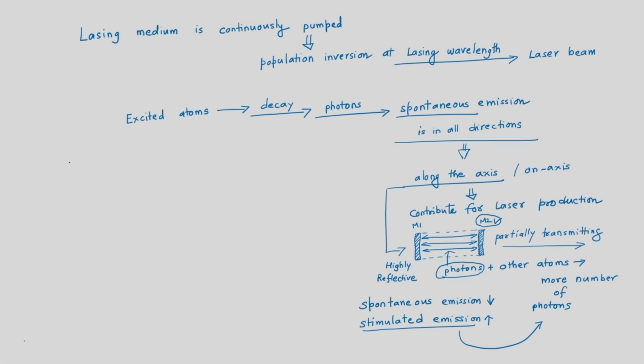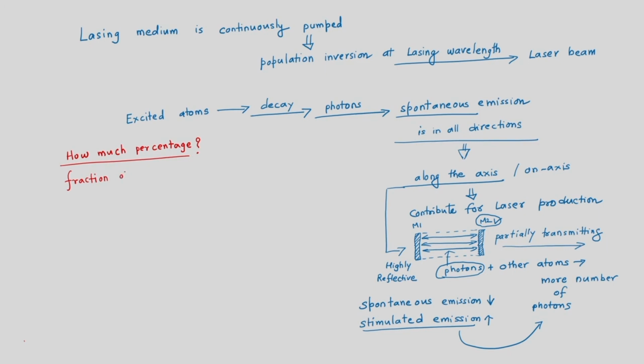Now, the question is how much amount or how much percentage is getting transmitted out from this cavity. So, this may be a fraction of a percent. There are many types of lasers being used.